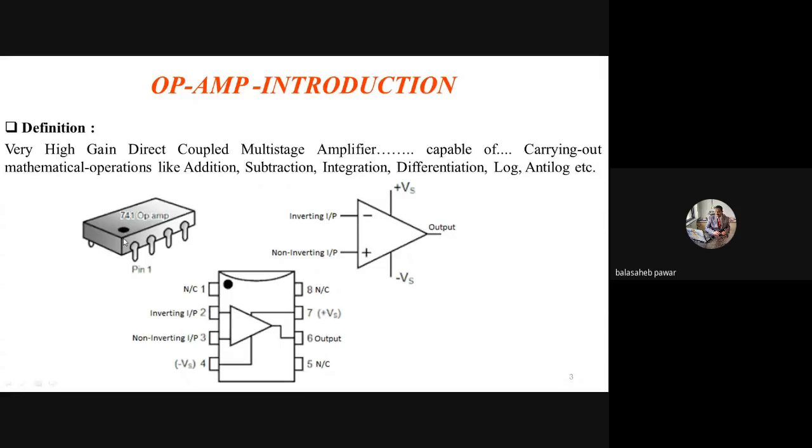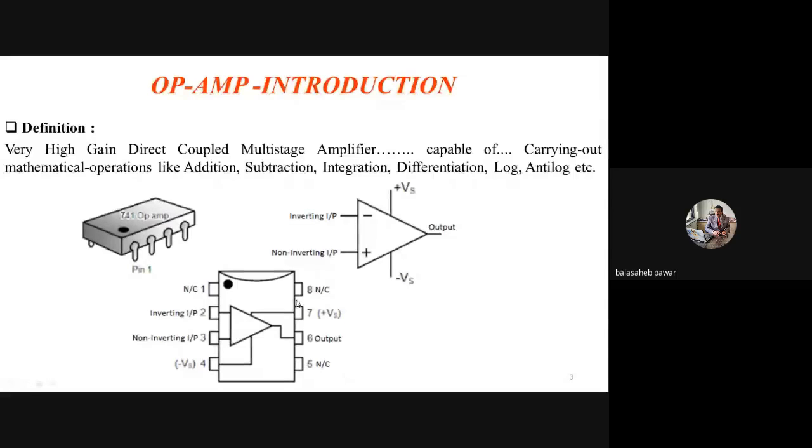See, on that IC, you will observe such type of one notch. So the terminal closer to that notch is pin number 1. And start it like this. Pin number 1, then 2, 3, 4, and directly switch towards its opposite side as 5, 6, 7, and come back to 8. That means towards the north side.